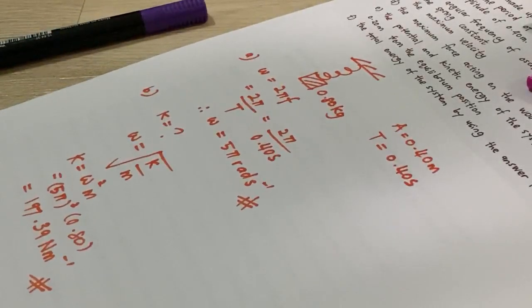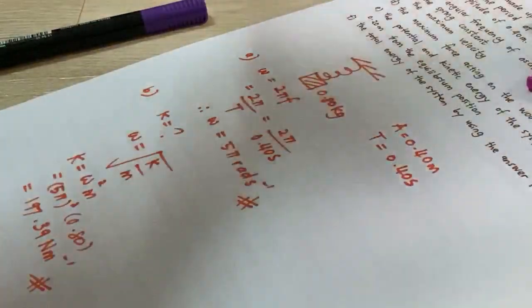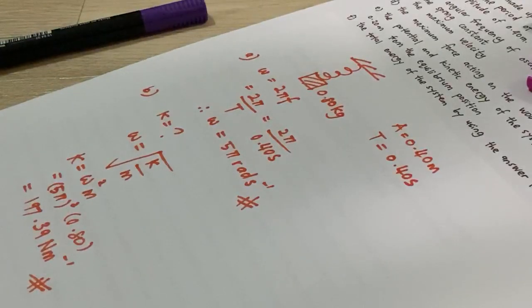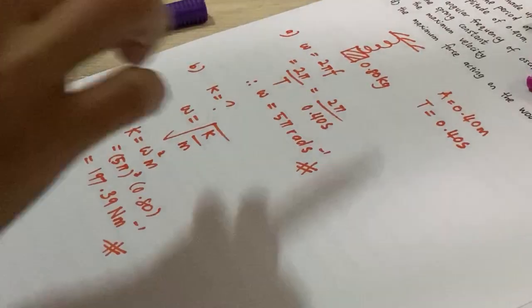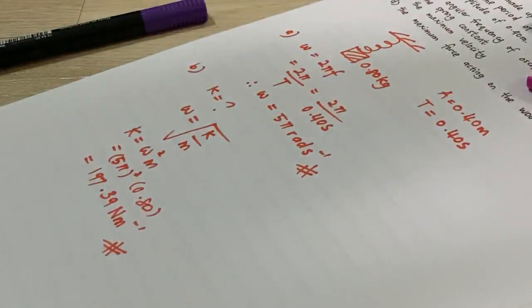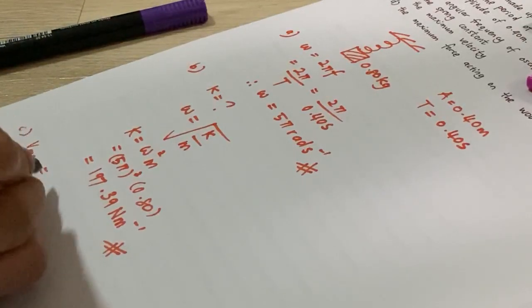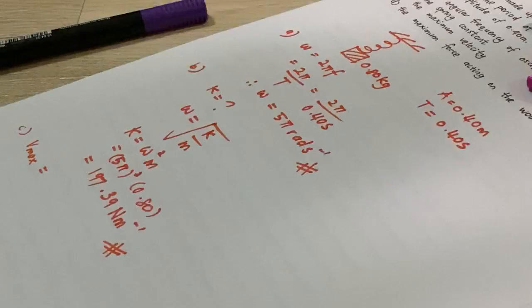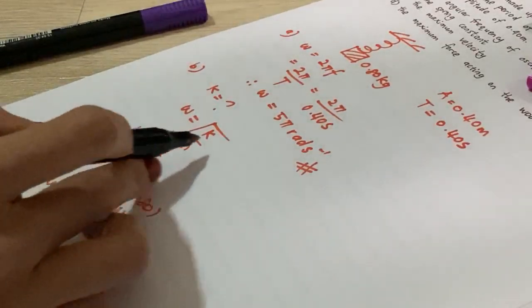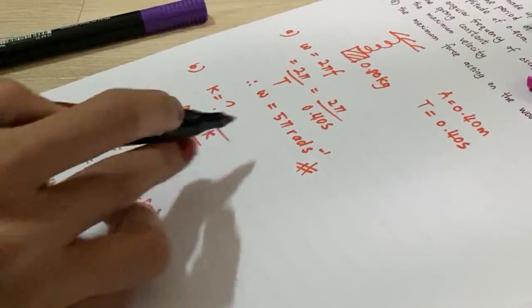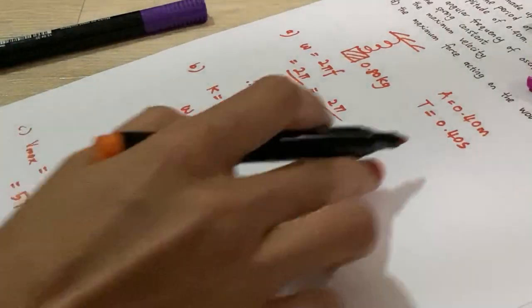Next, the maximum velocity. For maximum velocity, we have the formula V max equals omega A. Omega is 5 pi and A is the amplitude, which is 0.4.